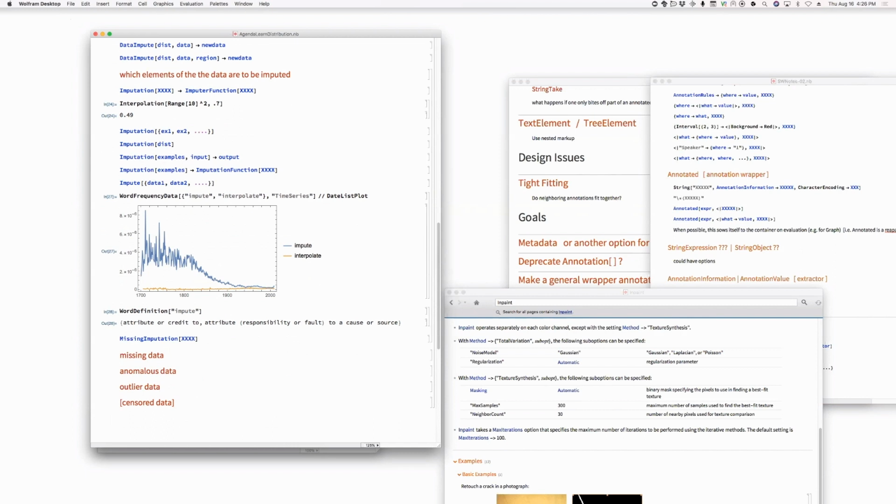Then missing at random is when whether or not a value is missing doesn't depend on the value itself, but could depend on other values related to it. So in a multivariate analysis, maybe one of your dimensions is missing, and that missingness depends on other dimensions, but not the actual dimension that's missing.